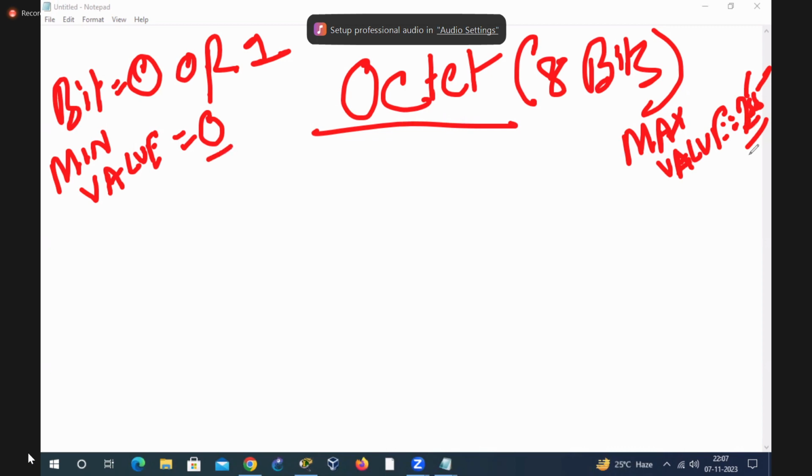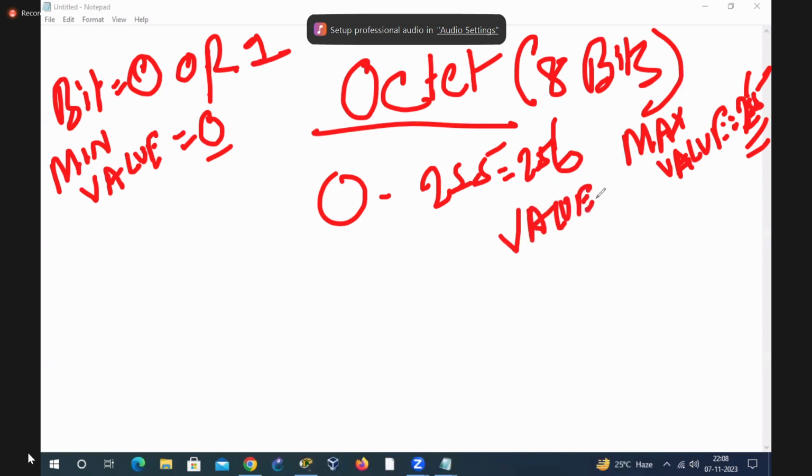So 0 is the minimum, 255 is the maximum. Total how many values do we have between 0 and 255? Total 256 values, right? Starting from 0 to 255, we have a total of 256 values.